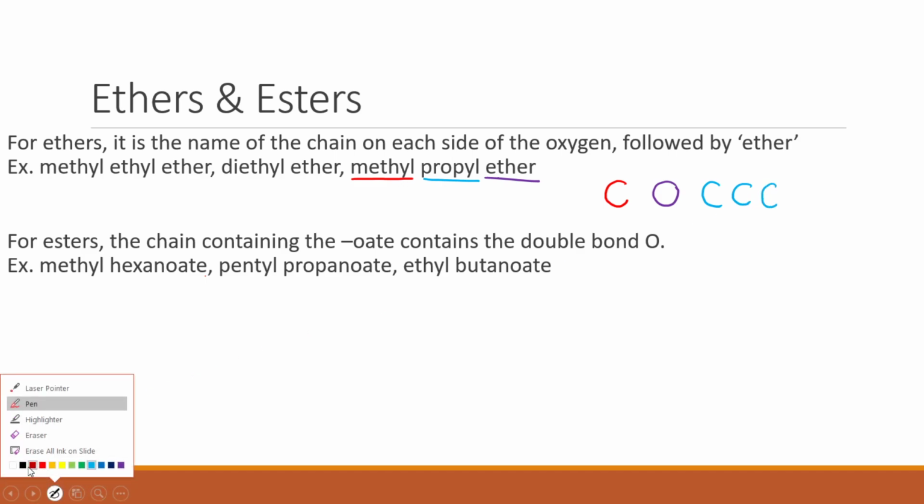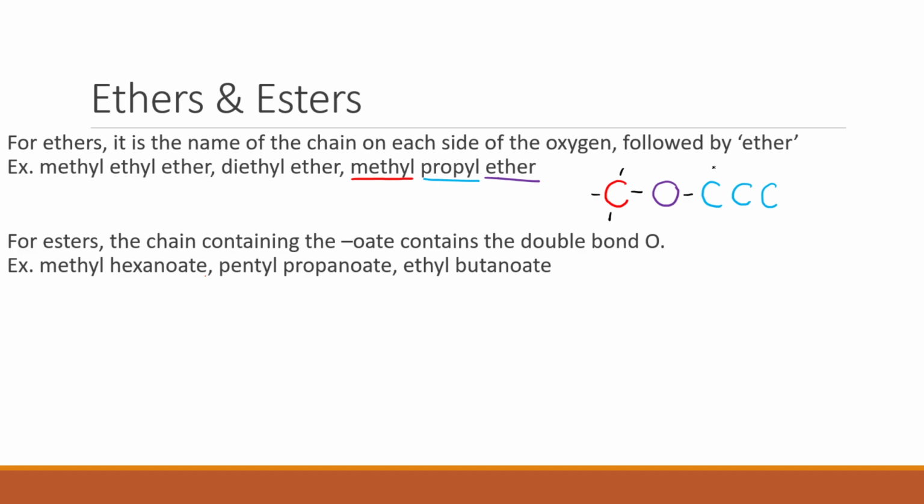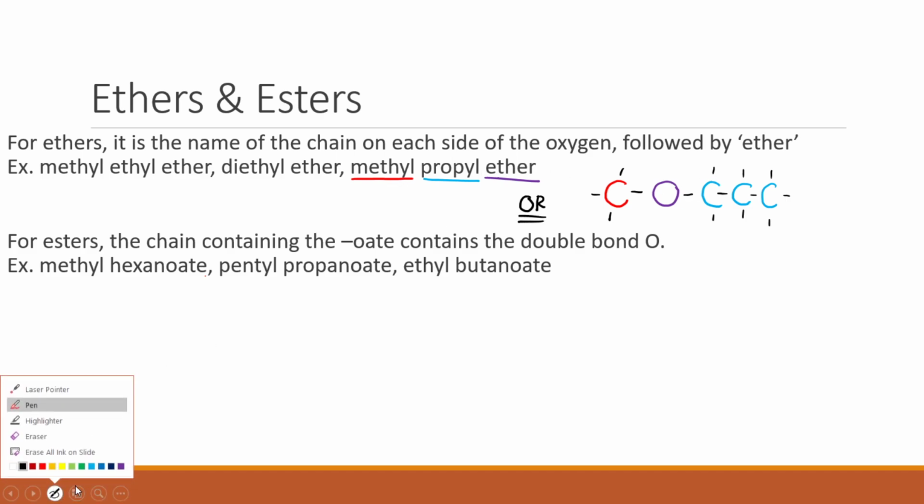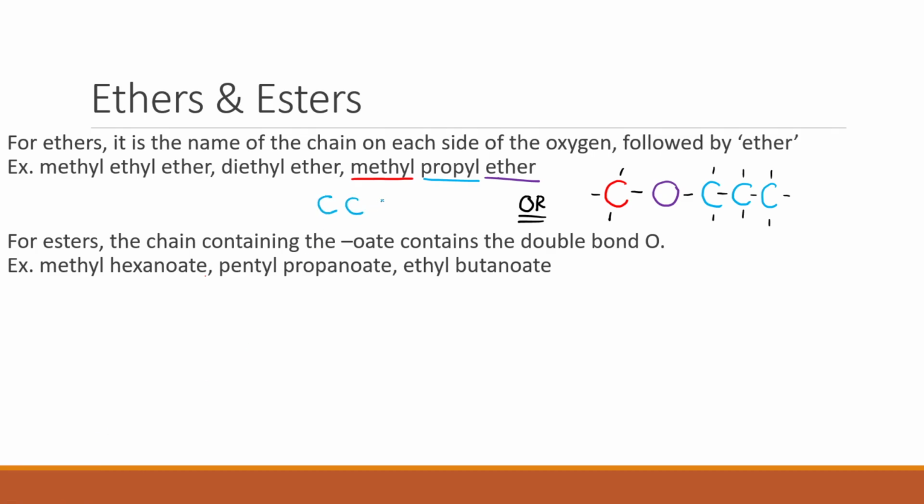So when you have methyl propyl ether, this should be what your drawing looks like. It does not matter if you put the 3 first and then the O. This is the same exact thing. There is no difference between these pictures that I am putting up.